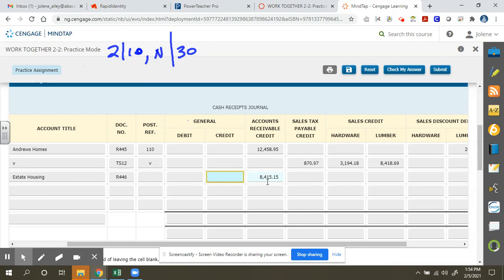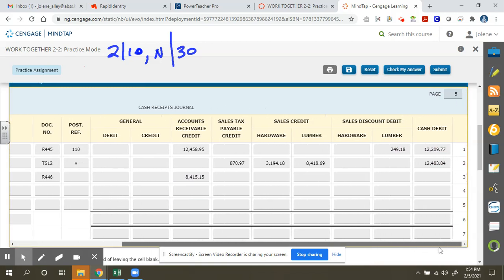The book says they still took a 2% discount. So I'm going to take this times 2%. Now this is for lumber. So the discount is $168.30. I'll do my math again. $8,415.15 times 2%. $168.30.